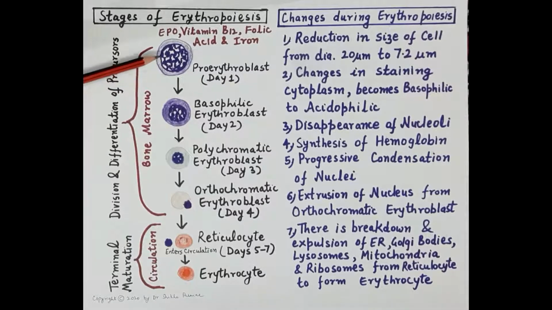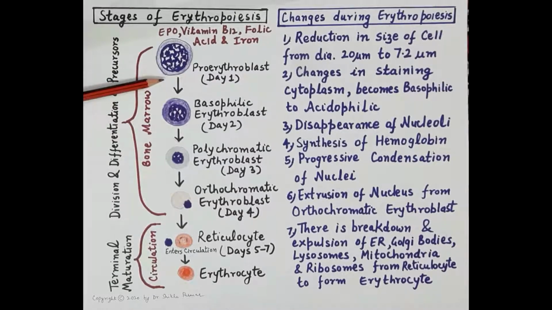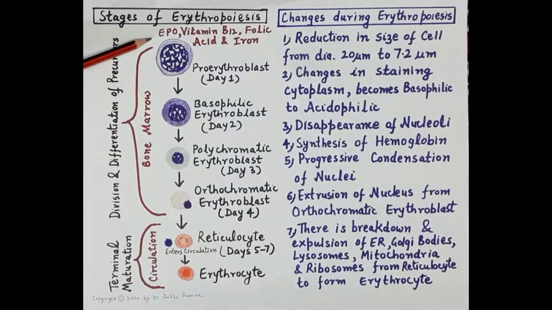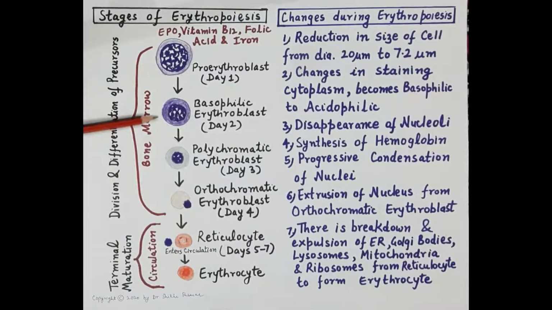As shown in the diagram, the nucleus possesses fine granular nuclear chromatin, and synthesis of DNA and formation of hemoglobin begin during this stage. Now, in the presence of erythropoietin, vitamin B12, folic acid and iron, this proerythroblast differentiates and develops into a basophilic erythroblast.